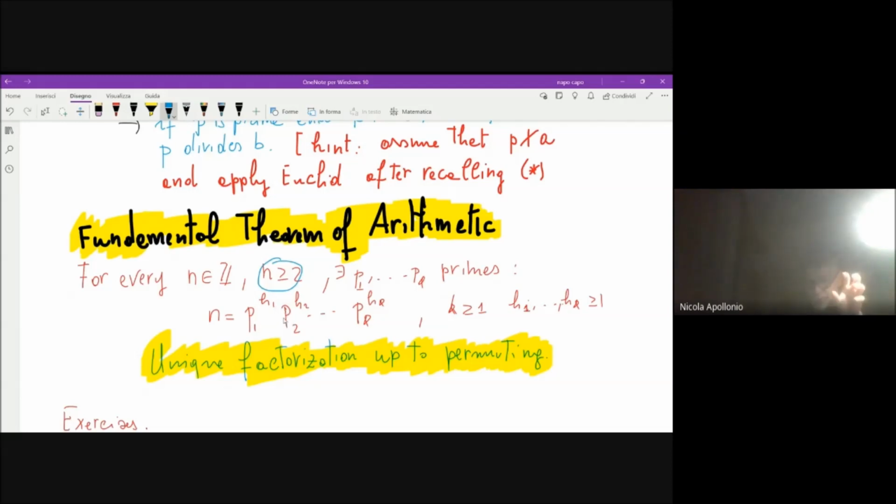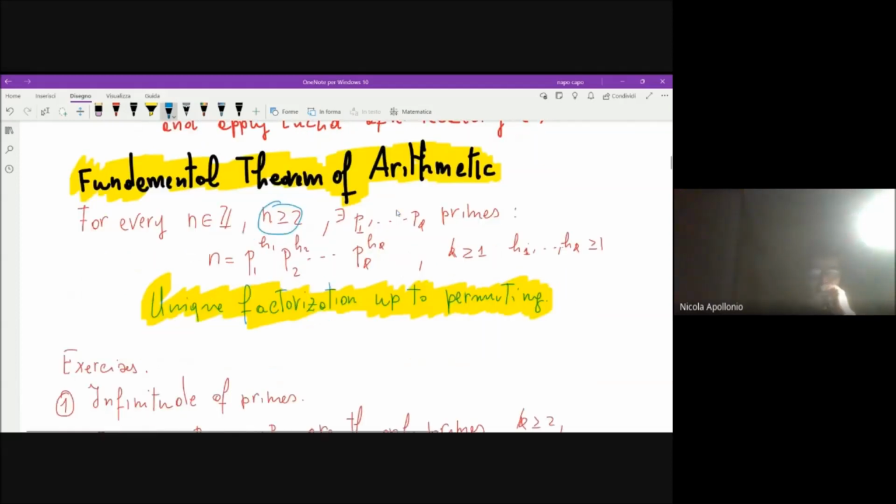But when you do that, this expression is unique and depends only on n. The factorization is unique up to permuting, so the product is commutative, and you get the same expression just switching P1 and P2 in the respective position, but no more than that.